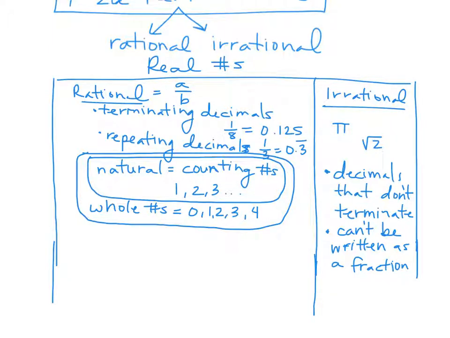Natural numbers are whole numbers, okay? Whole numbers aren't necessarily natural numbers, but natural numbers are whole numbers, and they are rational numbers, okay? The next one is integers. What is an integer?